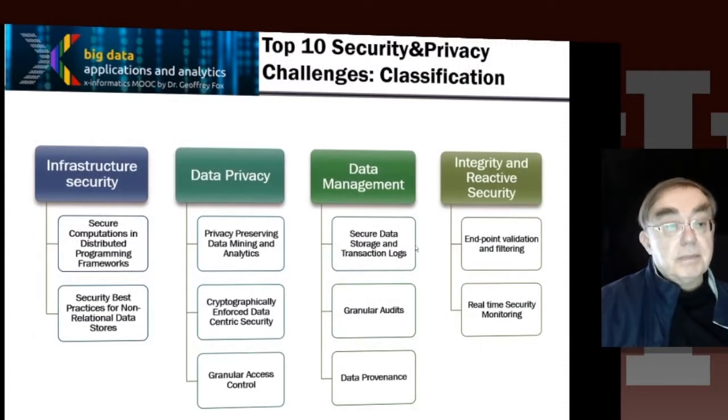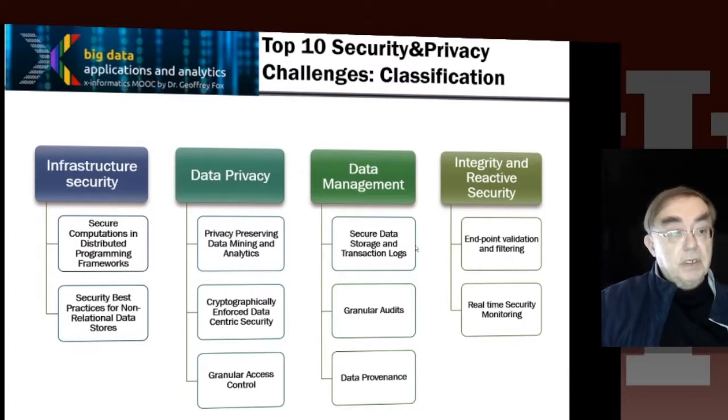Right, so here are these 10 challenges, and they're classified into 4 areas. Infrastructure security involves trying to do computations that are secure in distributed programming frameworks, and also best practice outside relational databases, because HDFS and NoSQL have their own special challenges not addressed necessarily by the database community. Privacy is particularly important. It involves keeping commercial secrets properly firewalled to the companies that own those commercial secrets.